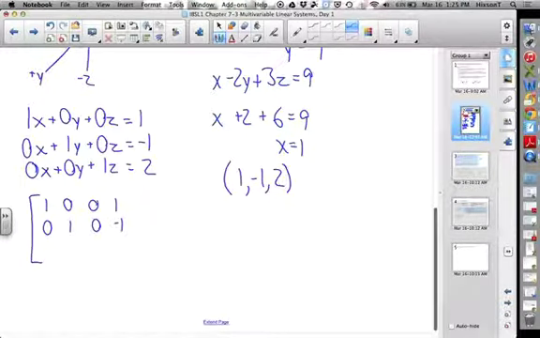We're going to talk about this specifically here, but you see the comparison? An x plus no y's and no z's equals 1. No x's, a y, no z's equals negative 1. No x's or y's plus 1z equals 2. Those are the same idea.